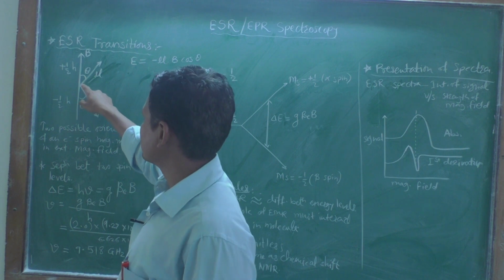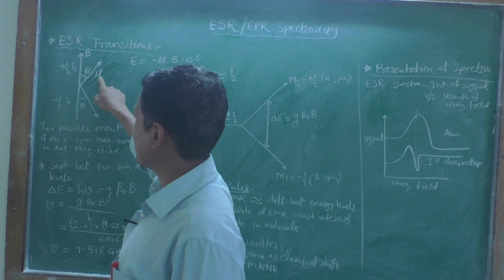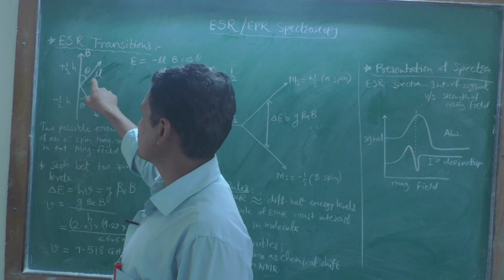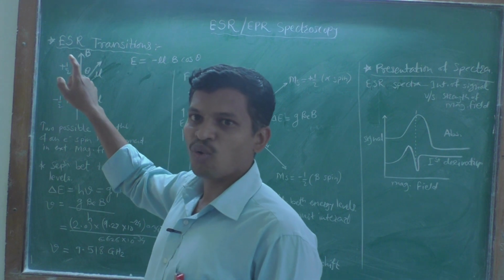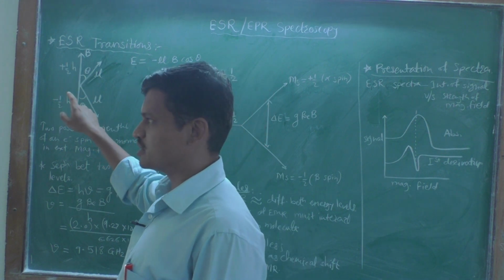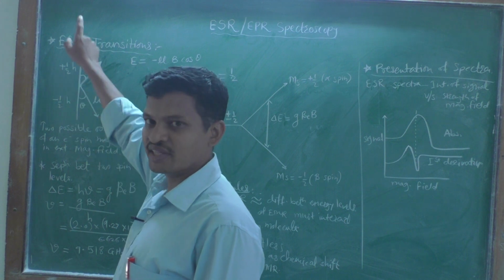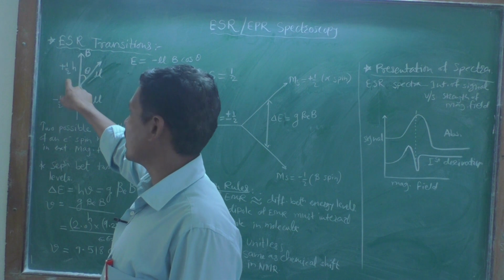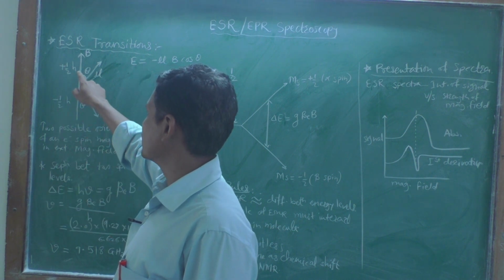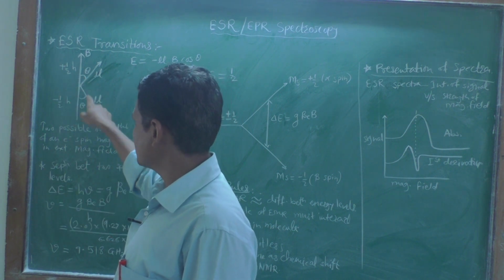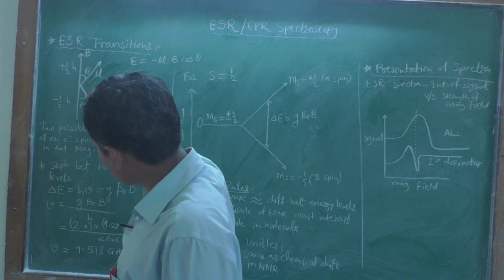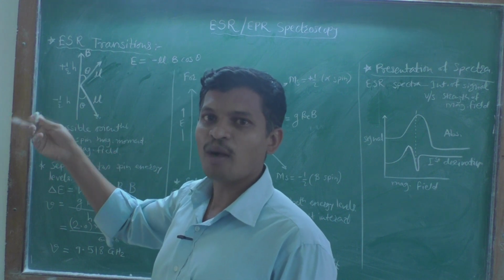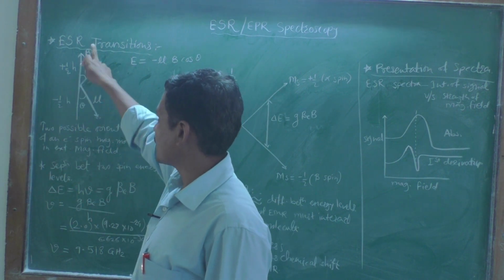Here is the magnetic moment mu of the electron oriented in the direction of the magnetic field, denoted by plus 1/2 h. And this is the magnetic moment mu oriented in the opposite direction to that of the magnetic field.